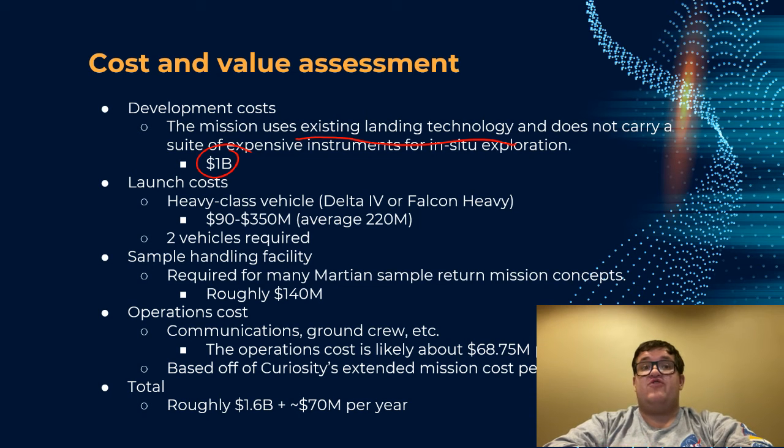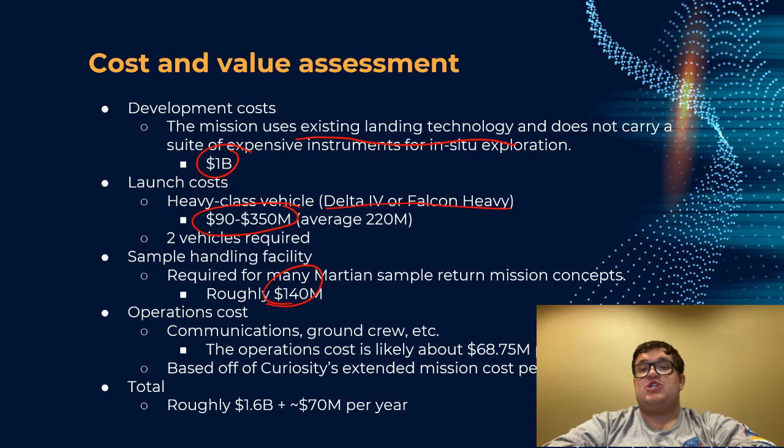Launch costs involve 2 heavy class vehicles such as a Delta IV or Falcon Heavy. Averaging the cost of these vehicles, you get about $220 million per launch. The sample handling facility is said to be about $140 million over its development. This is required for any Mars sample return in order to process the samples.